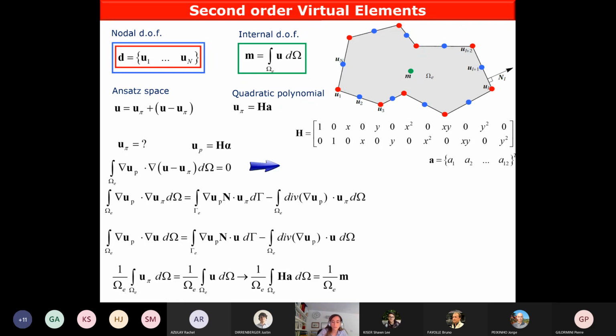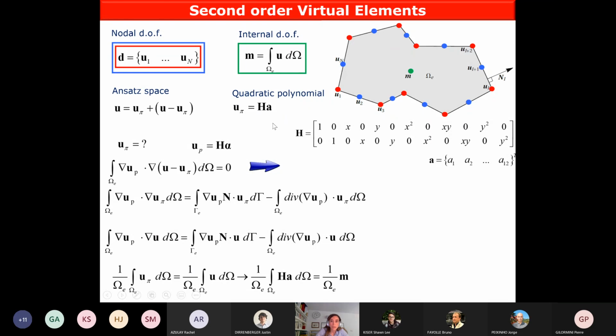This degree of freedom is defined as the integral over the virtual element of the test function U. The discrete test function, as we have already seen, is split and is defined as the superposition of a projection, UP, that is a properly conceived quadratic polynomial, and a remainder.